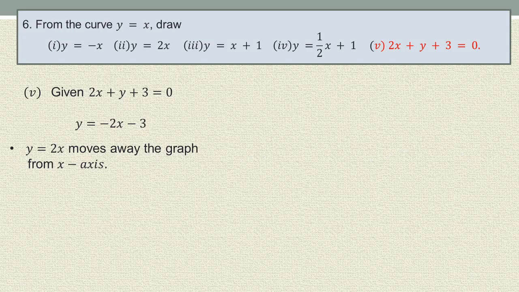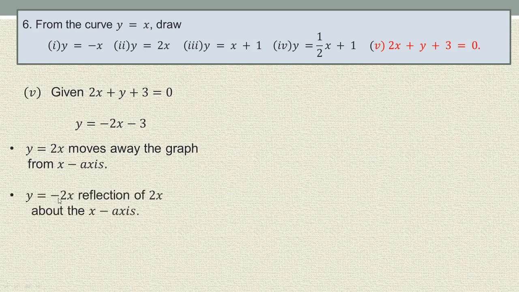But here you are multiplying only by minus 2. So first you need to check for 2x, and then go for minus 2x, and then minus 3. So if you put y is equal to 2x, it moves away from the x-axis, because 2 is a positive constant, so it moves away from the x-axis.